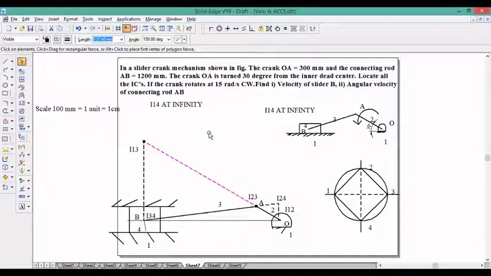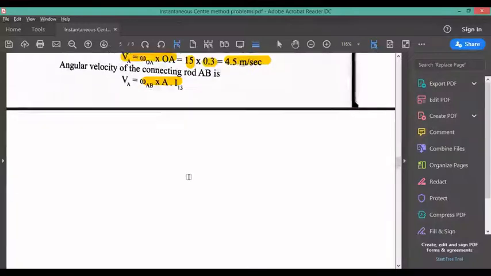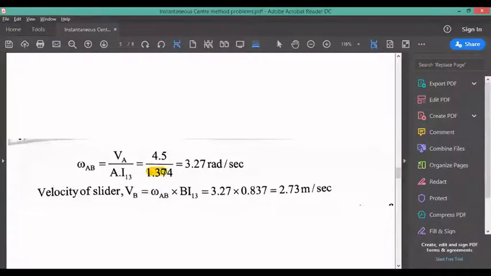If you convert it to meters, we get 1.374 meters, which is the A to I13 distance. Then by dividing the linear velocity by the distance from I13 to A, we get omega AB equal to 3.27 radians per second.